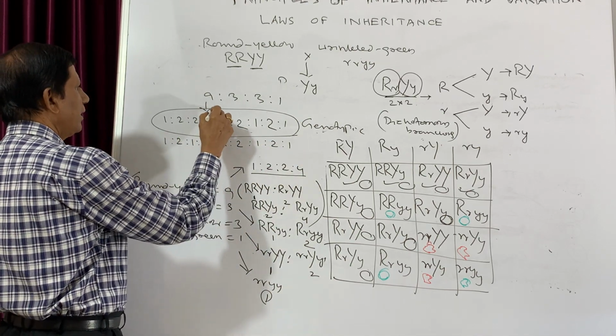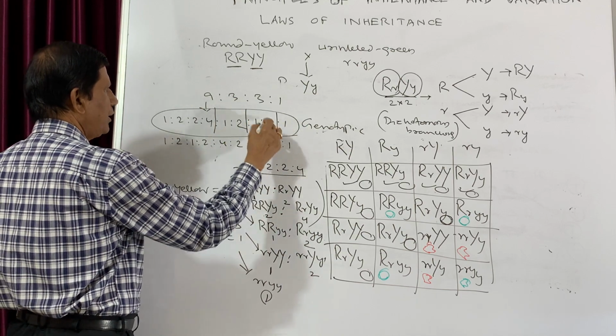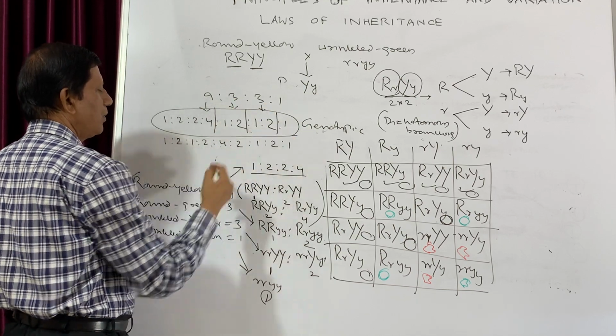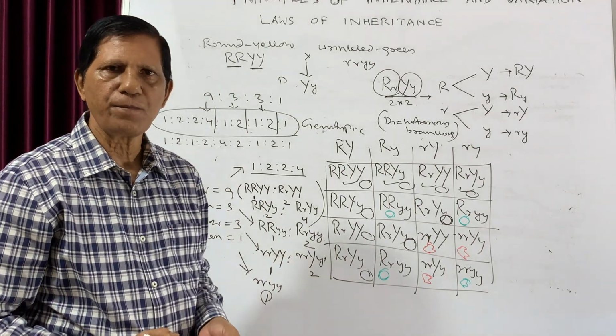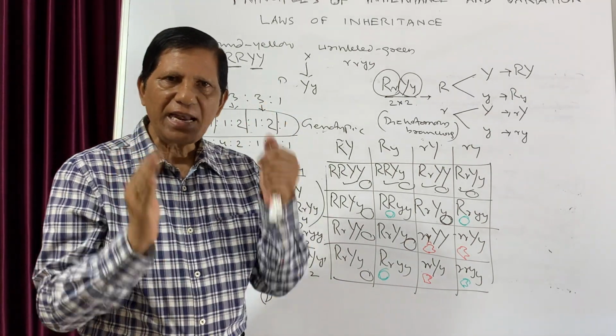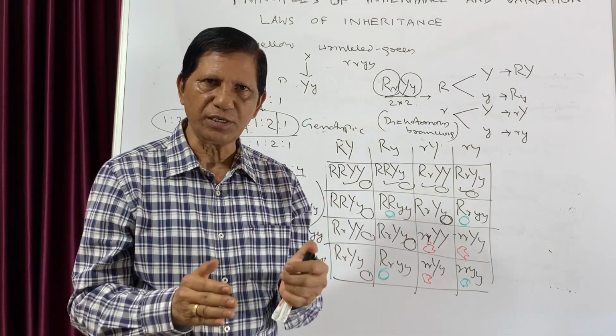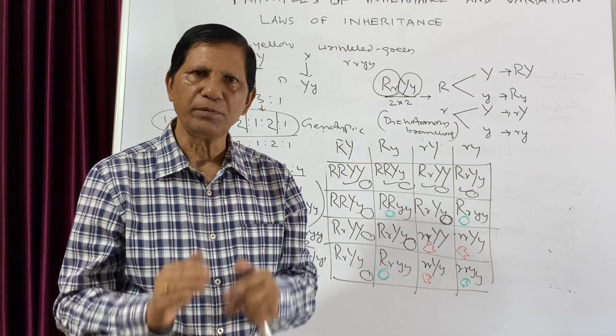But up to this 9, up to this 3, up to this 3, and that is 1. This is the genotypic ratio. So all these are possible because the inheritance of the shape of the seed and the color of the seed is independent of each other.